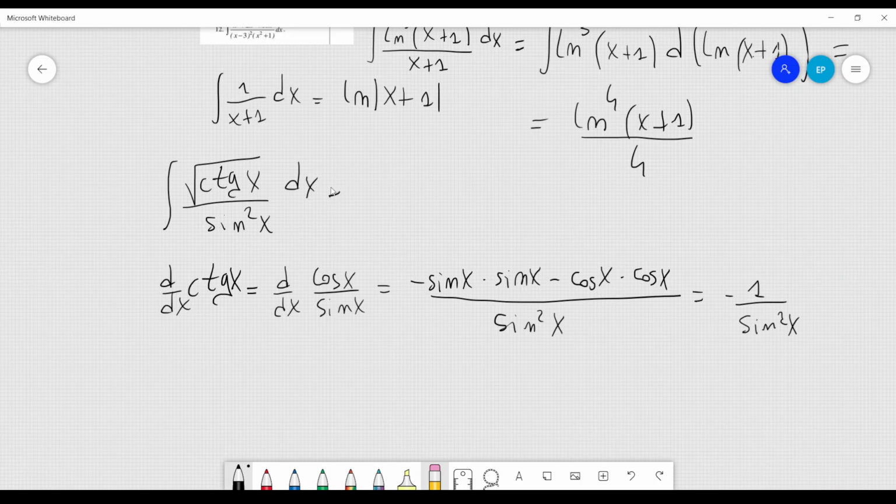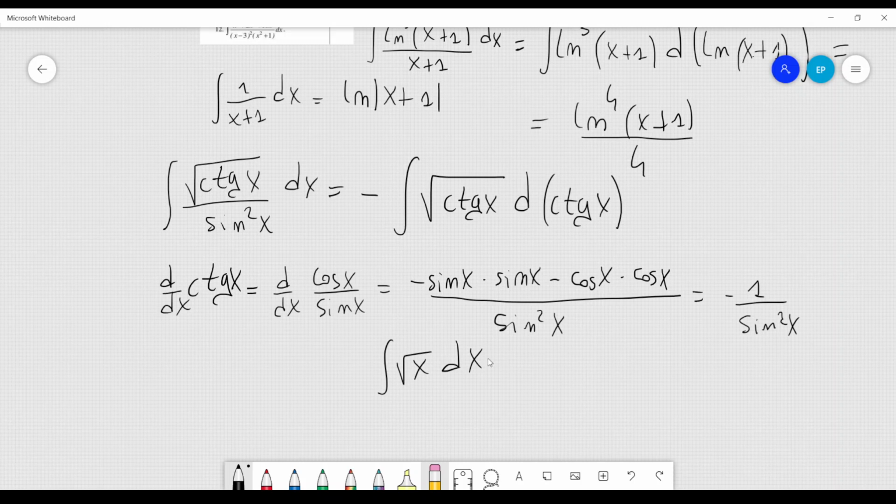So we can rewrite this as minus the integral of the square root of cotangent x, times the differential of cotangent x. This integral is like the integral of the square root of x dx, and it is quite simple to carry out because it is x to the 3 halves divided by 3 halves. So it's 2 over 3 times x to the 3 halves.